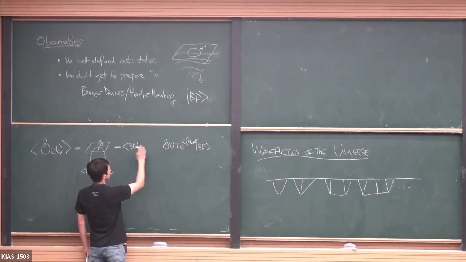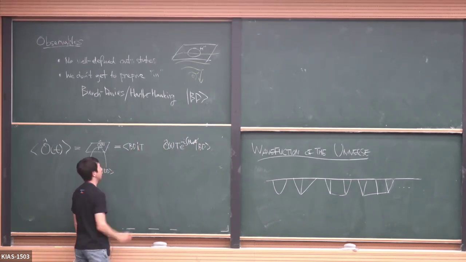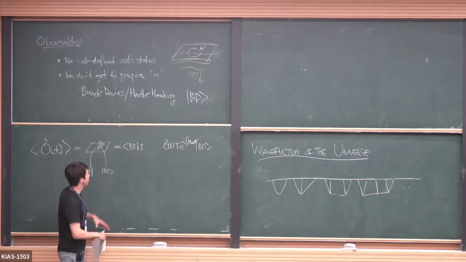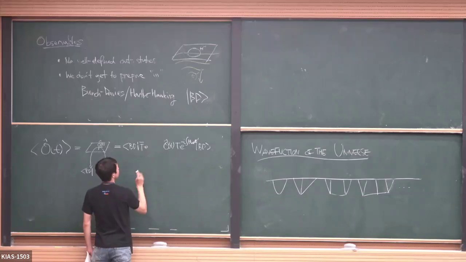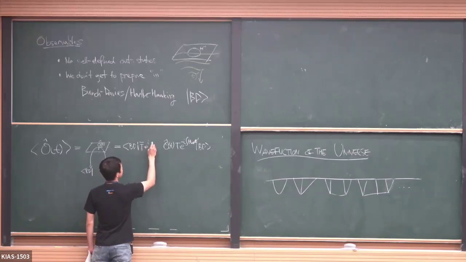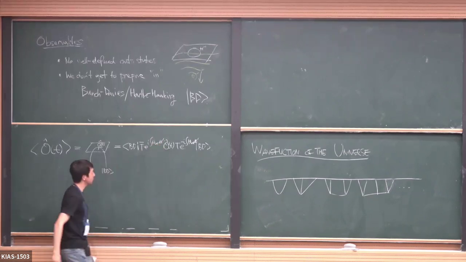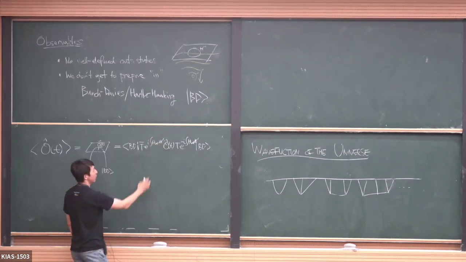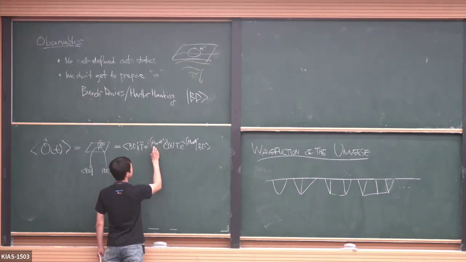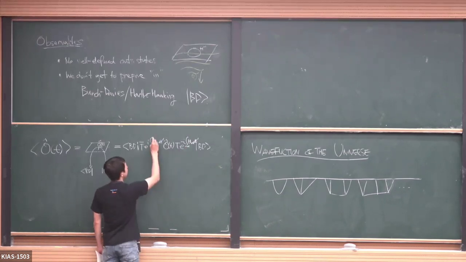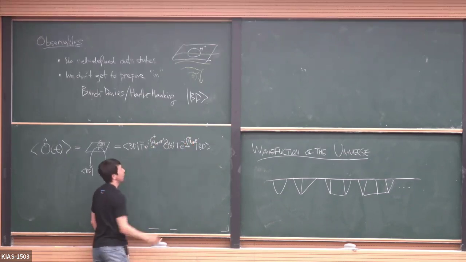And then for the Bunch-Davies state on the left, we again anti-time evolve, again with the interaction Hamiltonian.